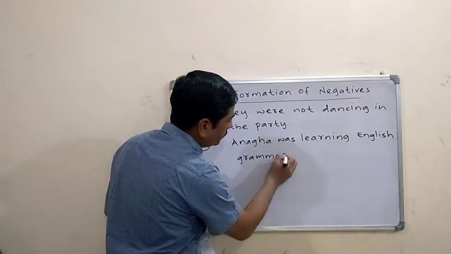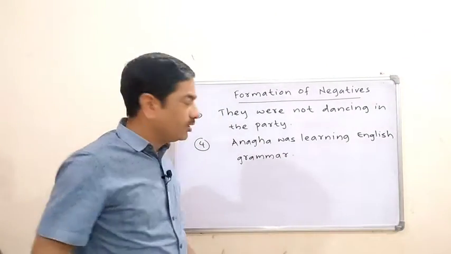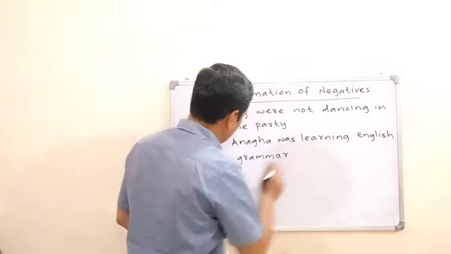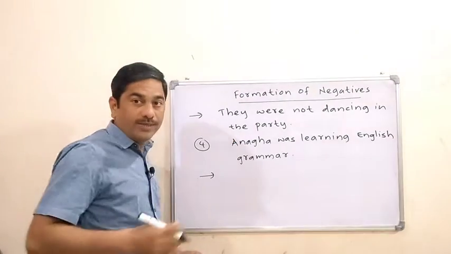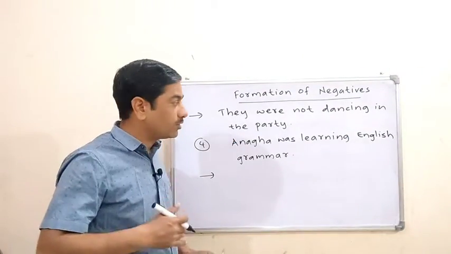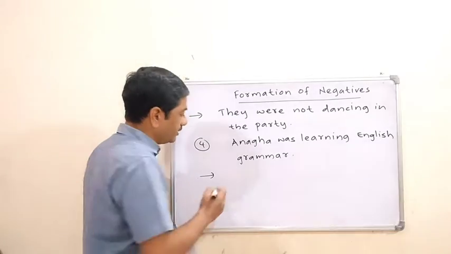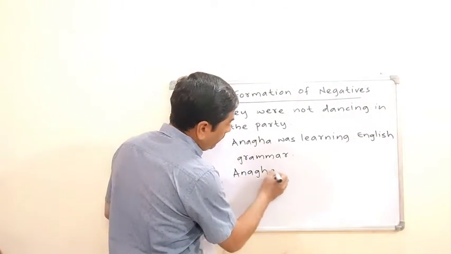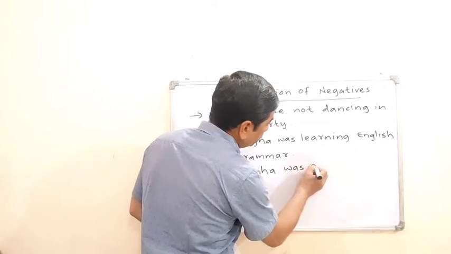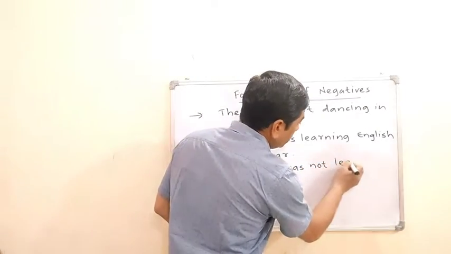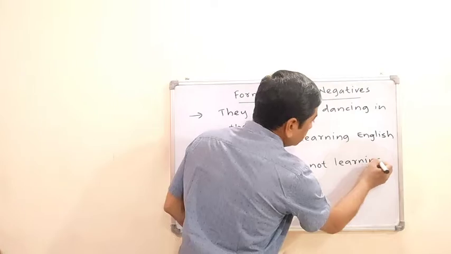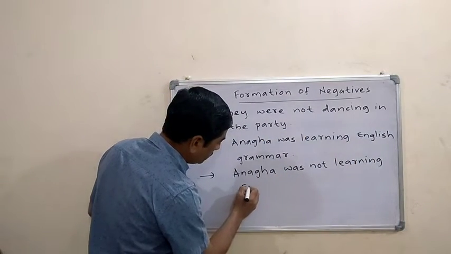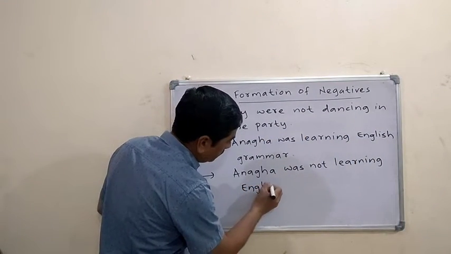So if you want to change this sentence into negative, you will just add not after was. So what will be the answer? Anagha was not learning English grammar. That is the negative sentence.